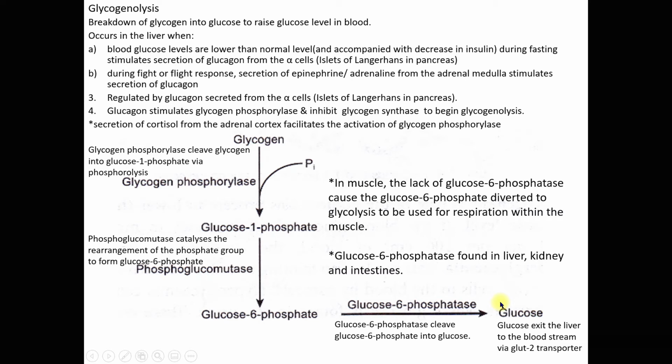Except in muscle, because muscle lacks glucose 6 phosphatase, glycogenolysis occurs until the production of glucose 6 phosphate, and this glucose 6 phosphate will be diverted into glycolysis, and the product will be used by the muscle itself.